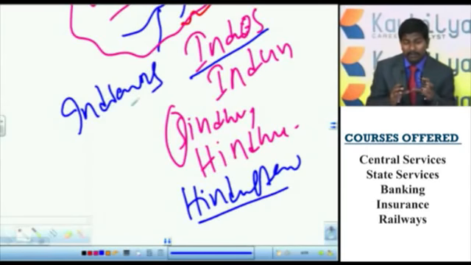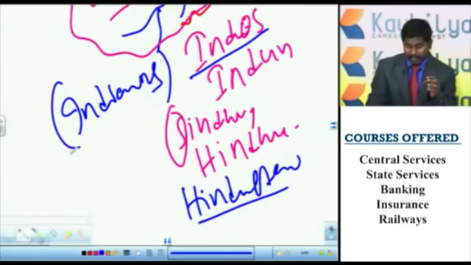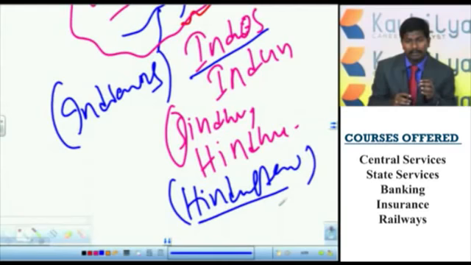So this is how from the historical days this name derived through different foreigners who came to India, and these different foreigners pronounced this land in different forms, and finally it got this name as India or Hindustan. Clear? So that is the background of the name given to this land as India or Hindustan.